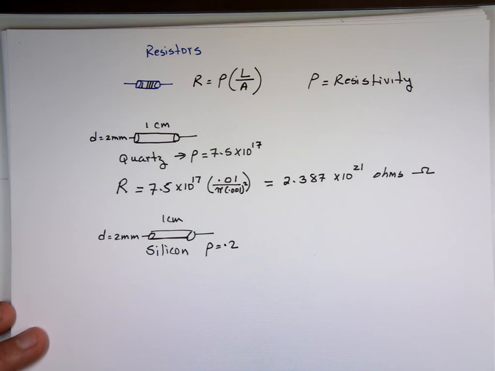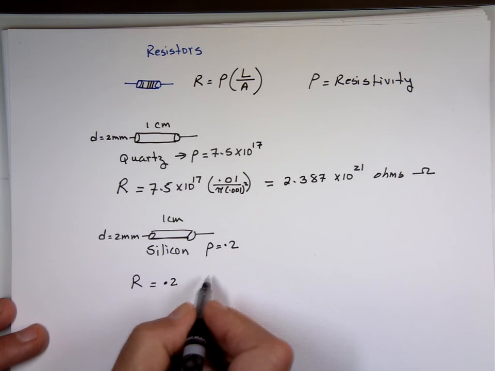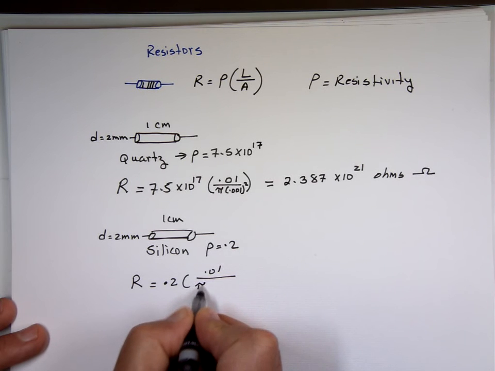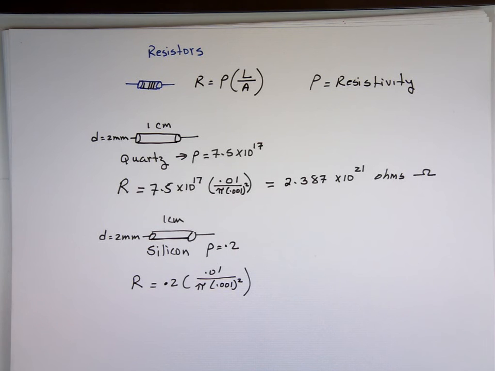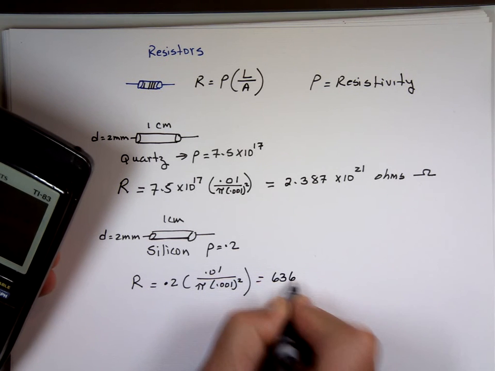So the value of that resistor is going to be 0.2 times 0.01 over pi times 0.001 squared. And the value of that resistor becomes 636.6 ohms.